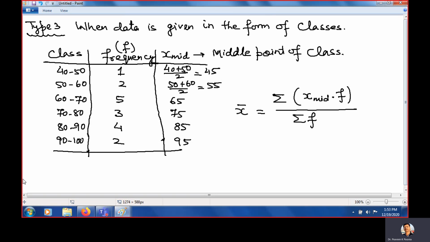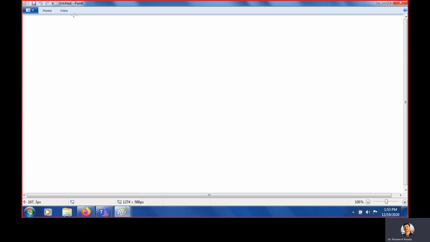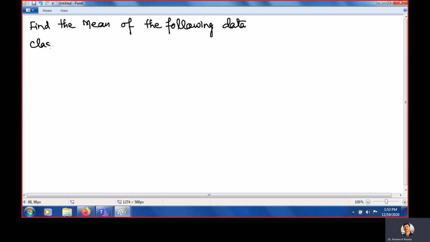So we will solve a question here. And what is the question? The question is the same question we are taking. Find the mean of the following data. So what is given? The class is given. Then what is given?